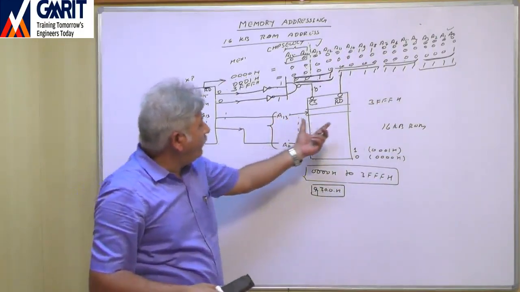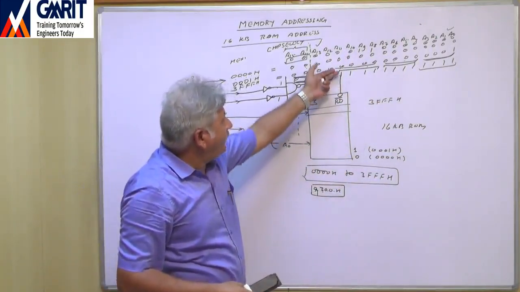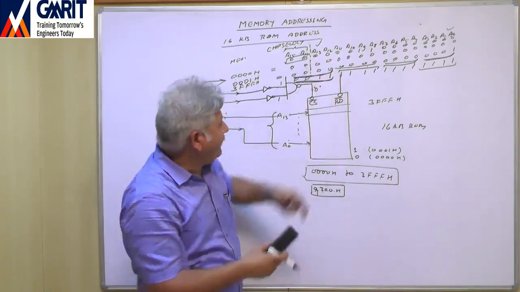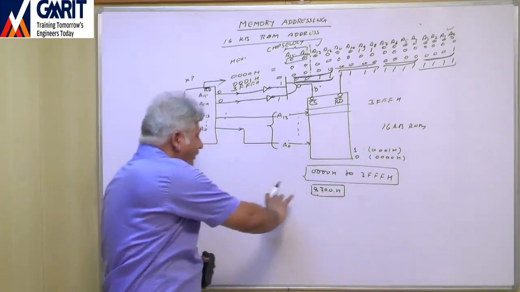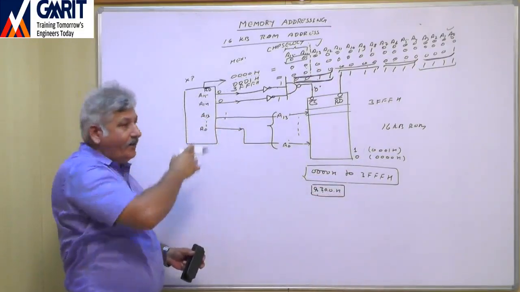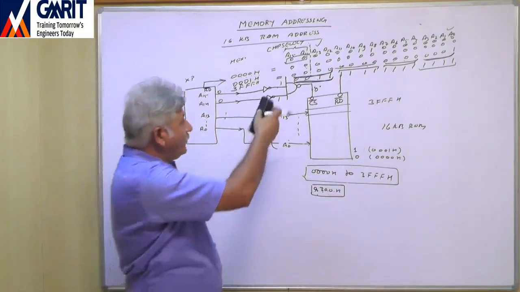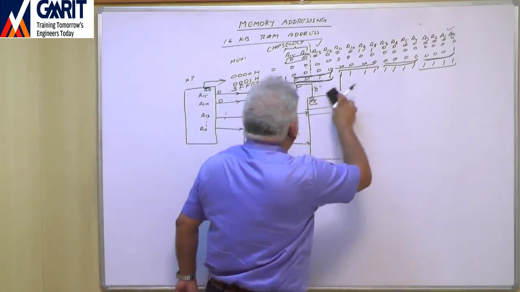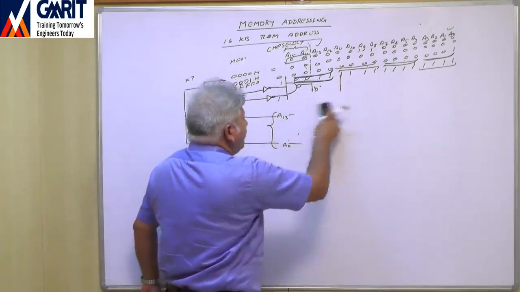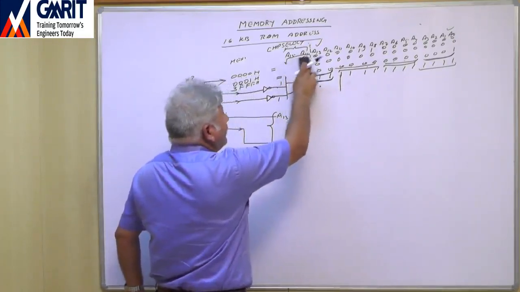And once that memory location is activated, depending upon the signal over read bar, that data is available over the data line, and from the data line it will enter inside the processor. So this is one example of interfacing of ROM.